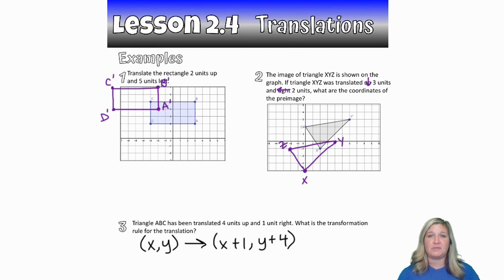Remember, a translation means a slide. Remember that the image is the result after the transformation, and the pre-image is where the shape was in the very beginning. So start remembering all those key vocabulary words and what each one means, because that's going to be key to you being successful with these transformations.